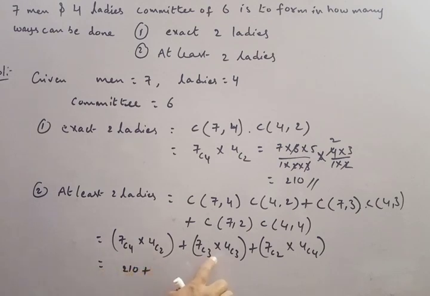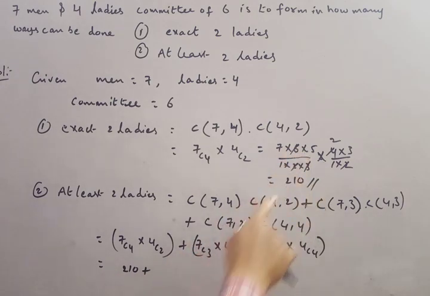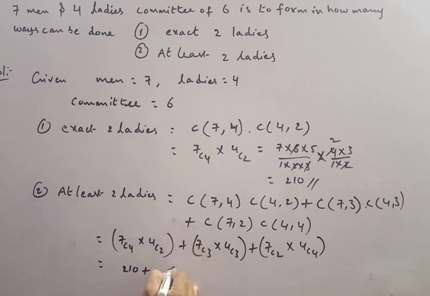Plus 7C3, 7C3 is how much? 35. 35 into 4C3 is what? 4. 35 into 4 is 140. If you want, you can use the calculator. Plus 7C2 is how much? 21. So 210, 350, 371 ways you can select at least 2 ladies. Use the calculator if you want the exact answer. Okay, so this is the problem when the committee is given.